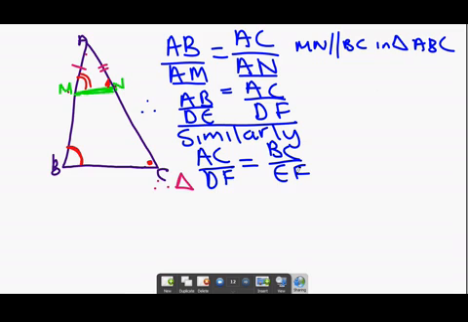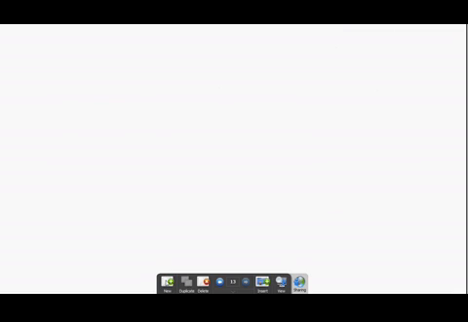The way we use similarity is usually in line with the proportional division theorem, because that's what we use to prove similarity. Normally the questions for similarity are basically grade 9 type of questions, and I wouldn't expect to see this one in the exam.